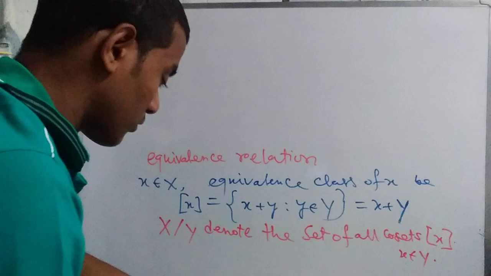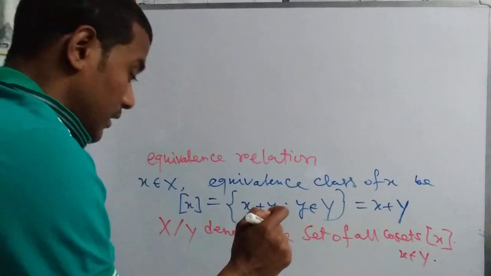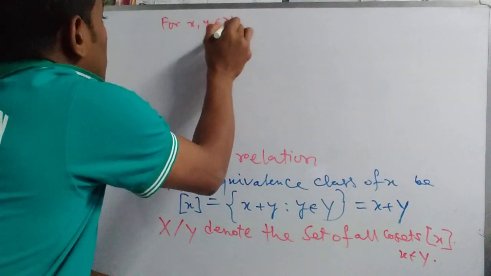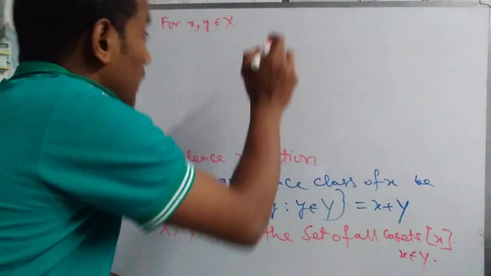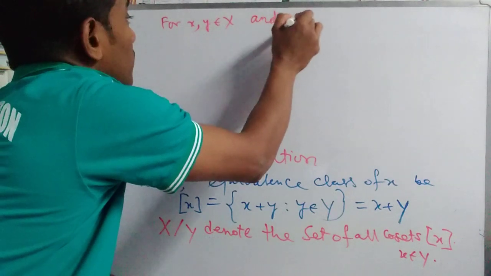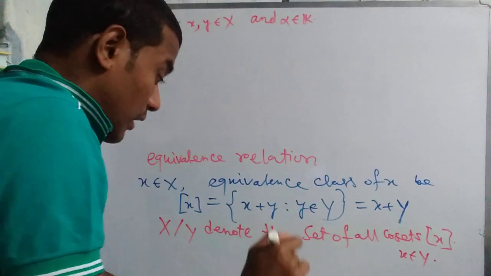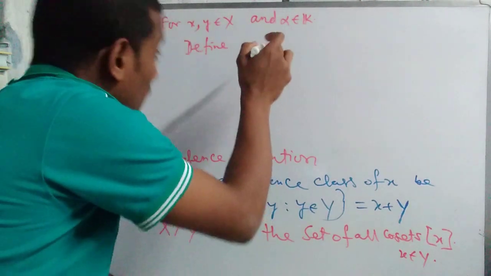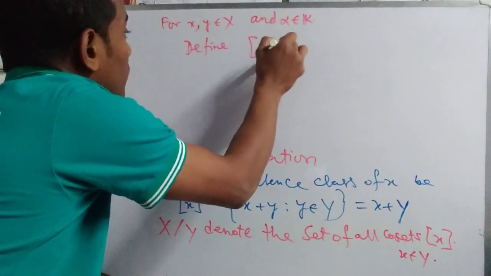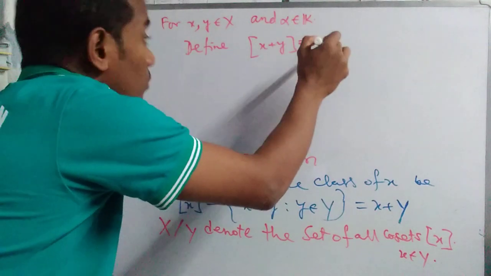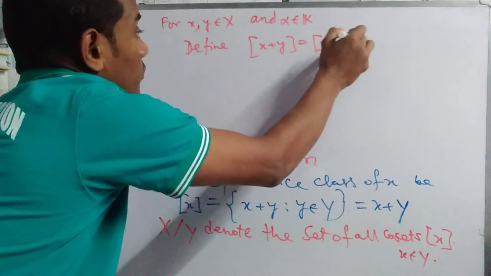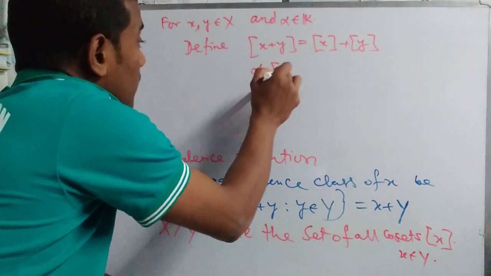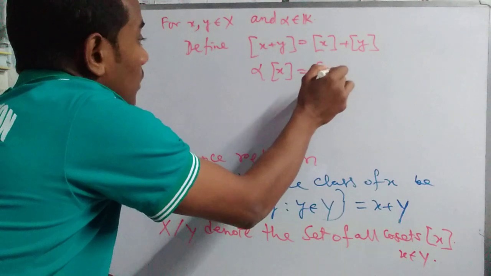For x, y belonging to X, and alpha belonging to K, we define the class of x plus y to be equal to the class of x plus the class of y. And alpha multiplied by the class of x equals the class of alpha x.